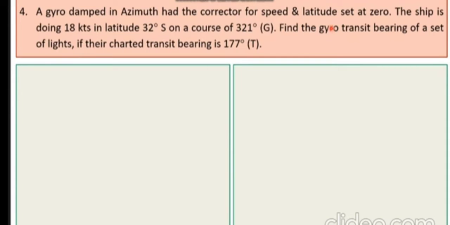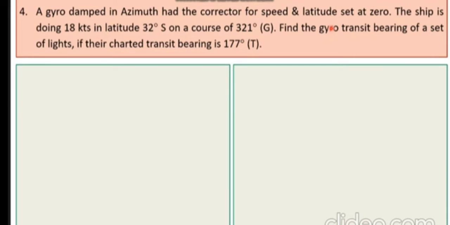What happens in that scenario is the gyro is not aware that the speed has been picked up and the latitude has changed. So the gyro does not apply any correction to the readings. If you adjust these knobs to the present latitude and present speed, the software calculates both these errors, that is the damping error and the steaming error, and applies them to the gyro readings, and the readings which you get are the corrected readings.